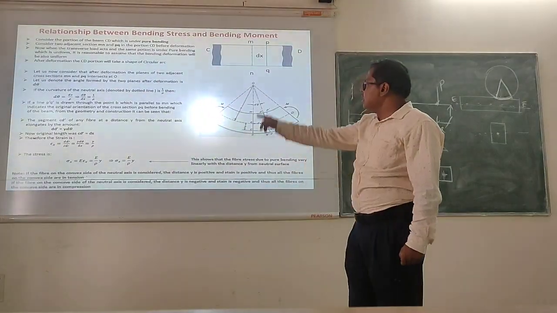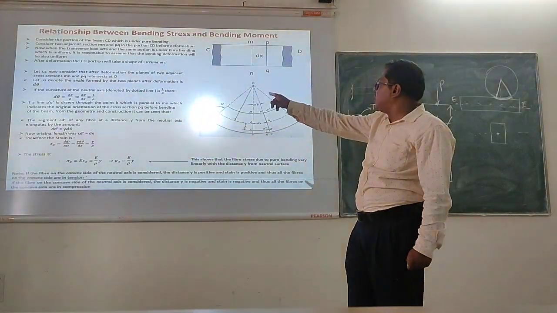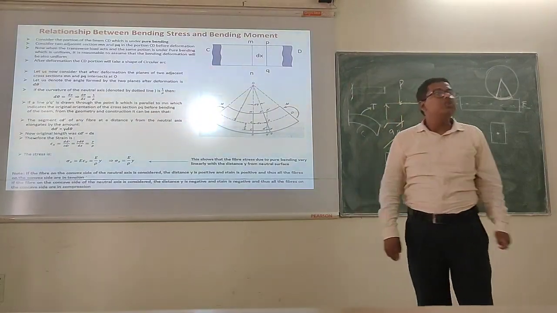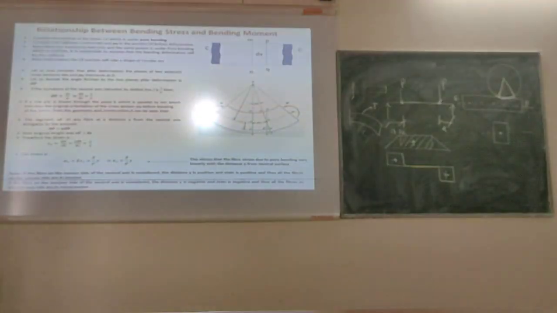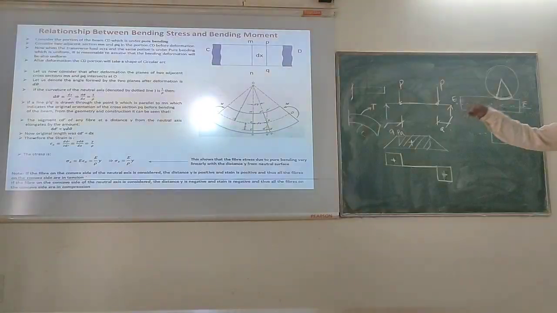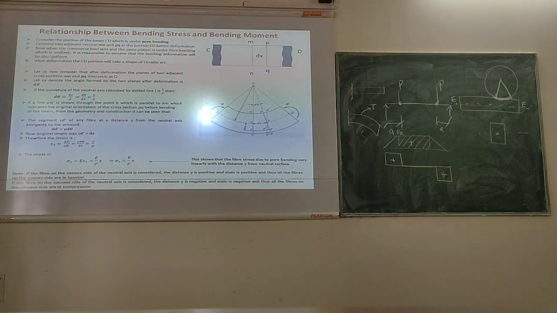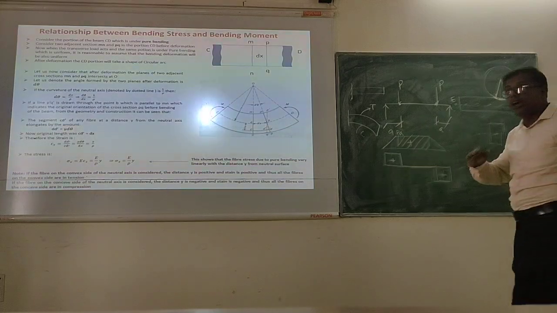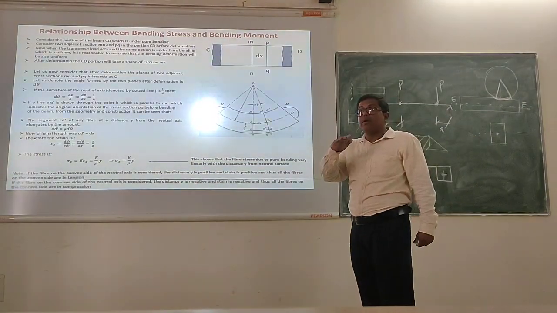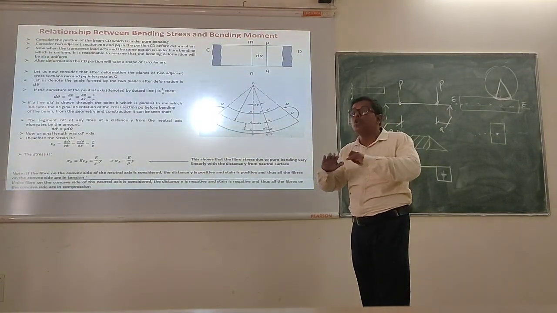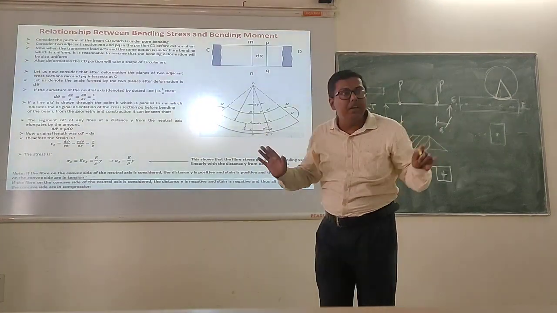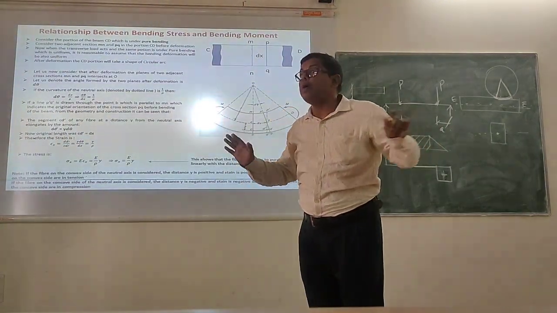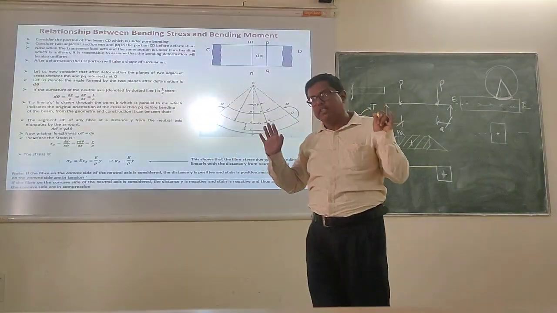Now, the curvature of the neutral axis. Which one is the neutral axis? You can tell. CD is the axis which is passing through the point where there is no bending stress coming. That means what does it mean? CD does not have any extension. Correct? That is the assumption.